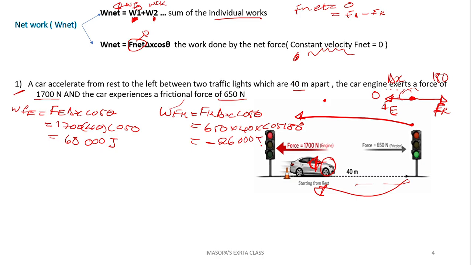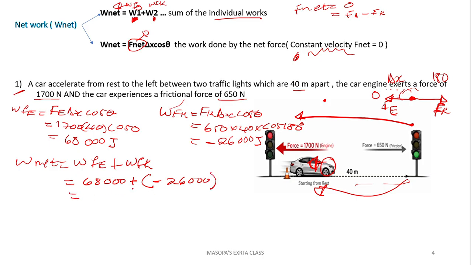joules, right? And then you say work net is equal to the work of the Fe plus the work of the Fk. Therefore the work the engine is doing is 68,000 plus, remember this one is negative, so we put a bracket, negative 26,000.